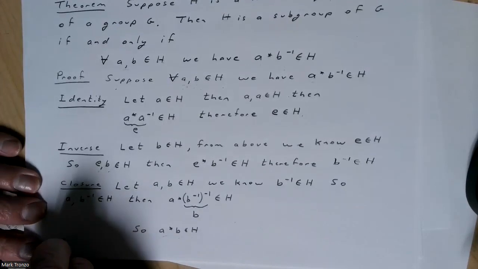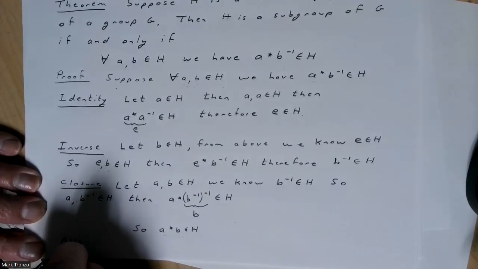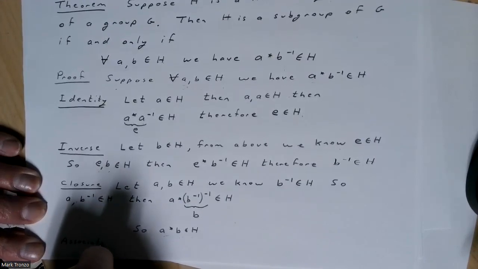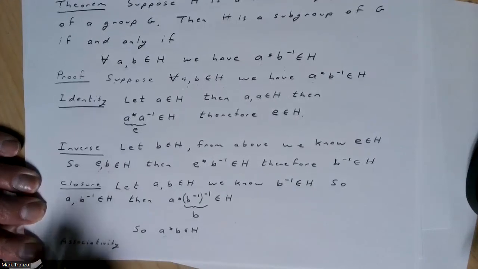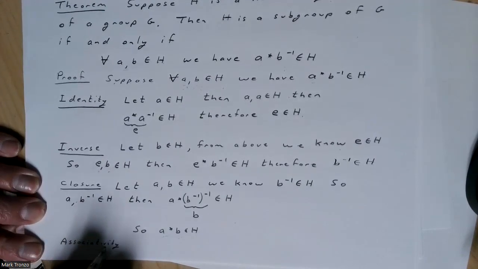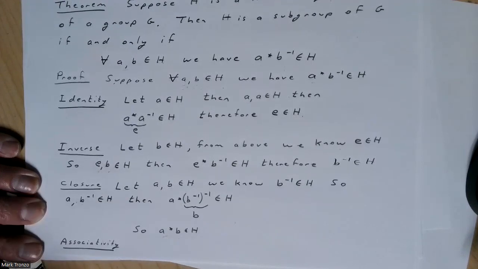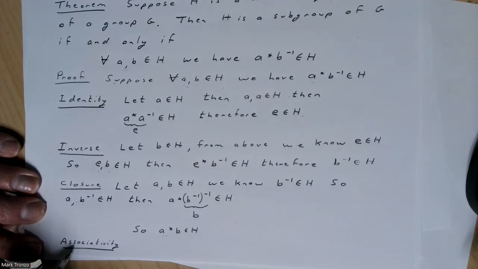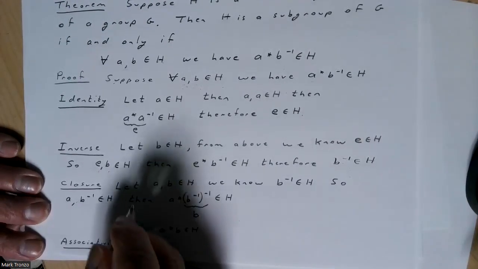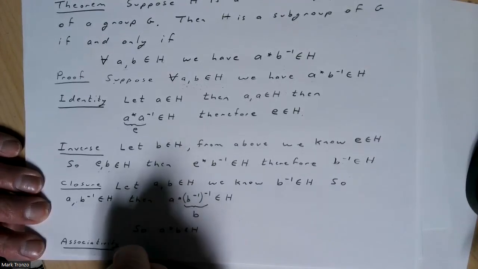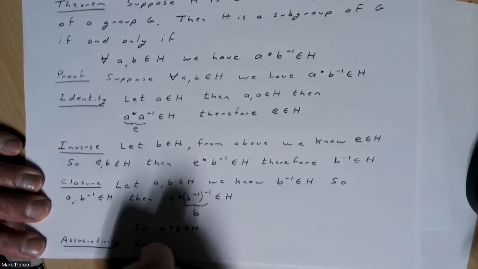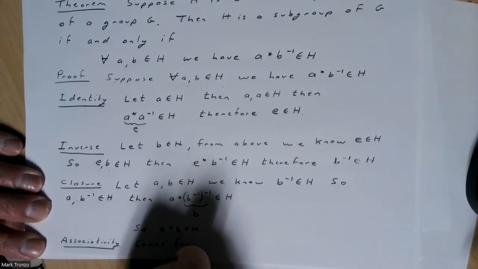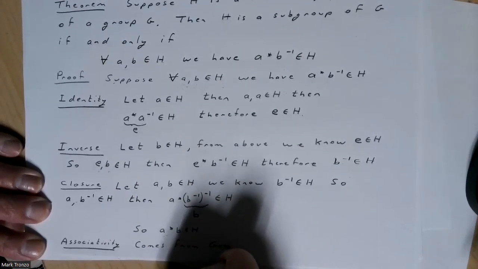Now for associativity, it always comes along from the group, because we're not doing anything different. We're using the same elements. If the elements were associative in the group, then they're certainly going to also be associative in the subgroup. So we don't need to check that.